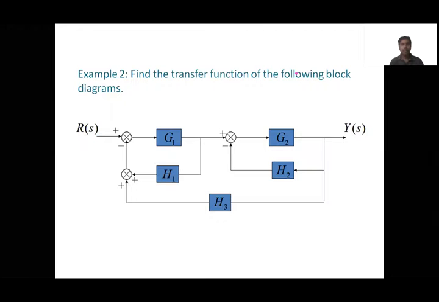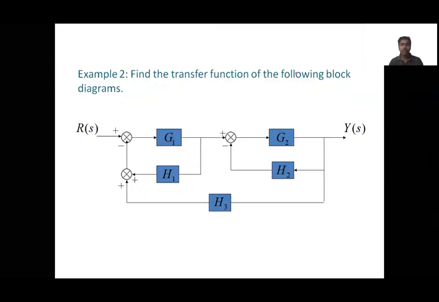And if you see the second example, you find the transfer function of the given block diagram, and we'll go step by step. First, are any cascade blocks there?